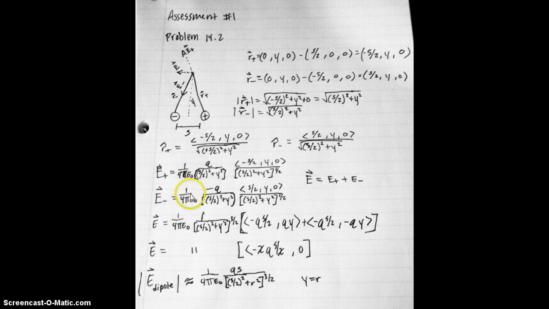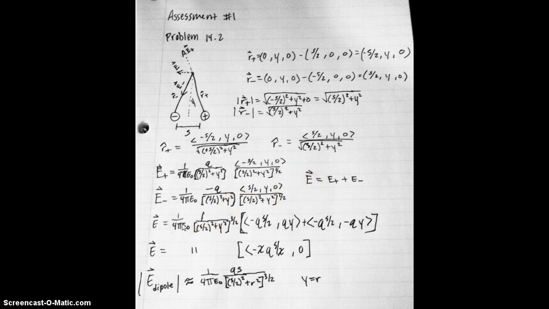And the same with the negative, 1 over 4 pi epsilon naught over negative, since it's a negative charge, negative Q, over s over 2 squared, because this is the magnitude of R negative, vector of R negative, and is your R hat. And so you add them together to get your sum.